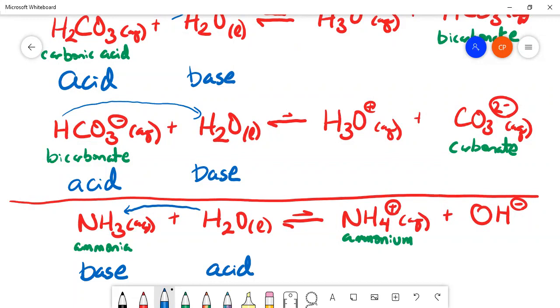Anything that gives up hydrogen ions is an acid. And anything that accepts hydrogen ions is a base. And that means some things can behave as an acid or as a base, depending upon context. And absolutely at the center of that list of things that can behave as an acid or as a base is water. But water is not the only thing that can behave as either an acid or as a base.